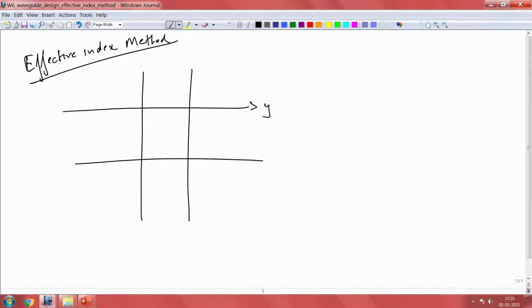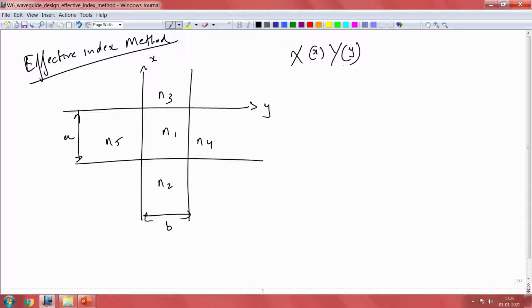So this is y, this is x, and we had n1, n3, n2, n4 and n5. It has a certain thickness A and a certain breadth B. This is what we started off with, and we had decomposed this into X of x and Y of y, so that we could nicely handle the different fields here.